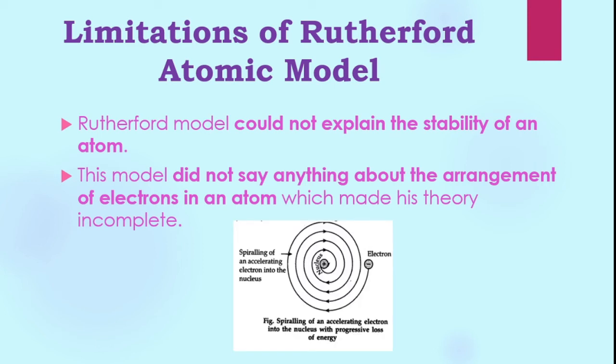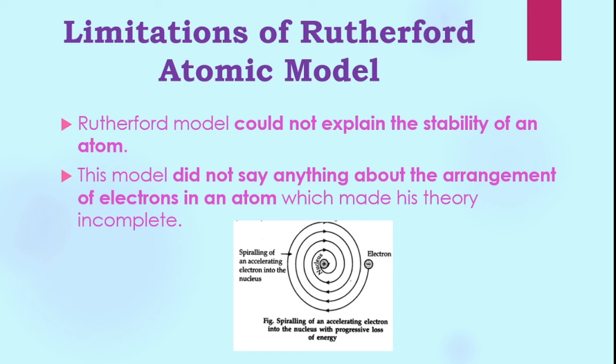This picture shows how the electrons radiate energy and finally collapse into the nucleus. So Rutherford's atomic model fails to explain, and we need a new model to explain the atom.